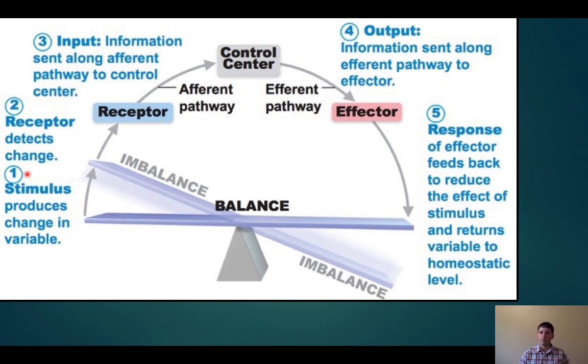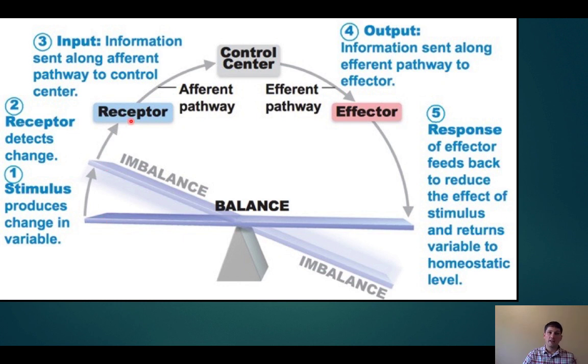The internal environment, maybe your calcium levels are too high or too low, or your pH comes out of balance. There are receptors that detect that change, detect this change from balance into imbalance.